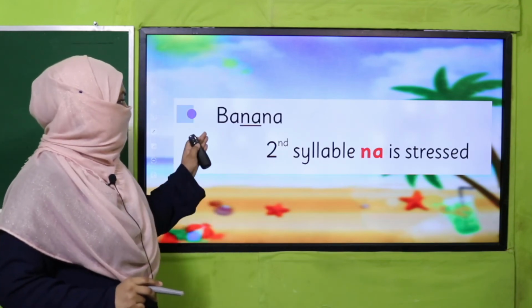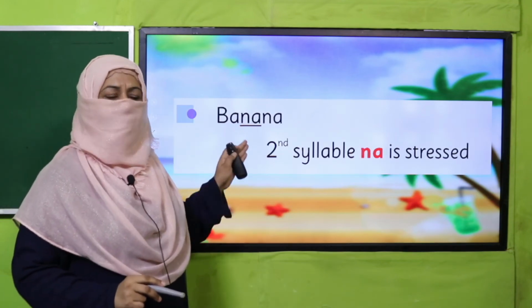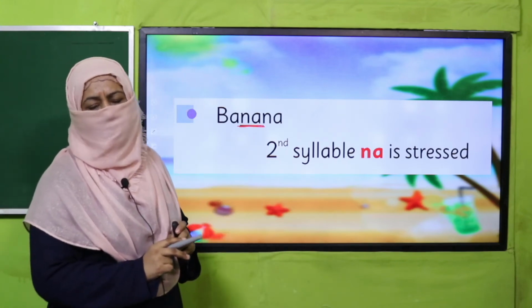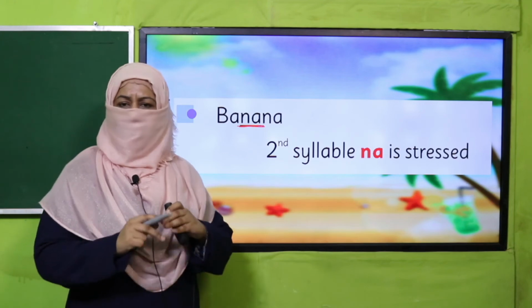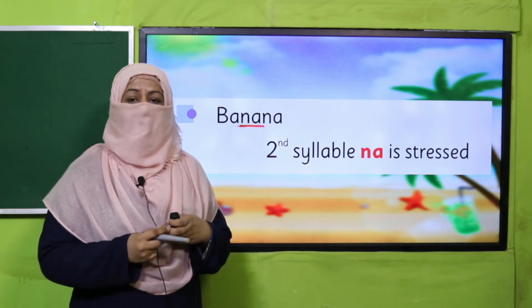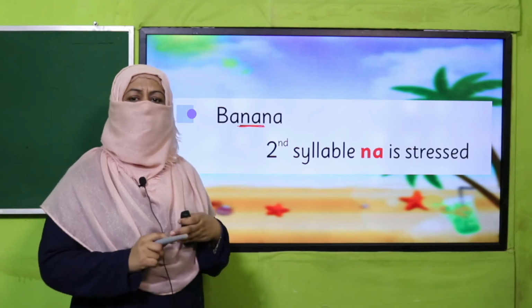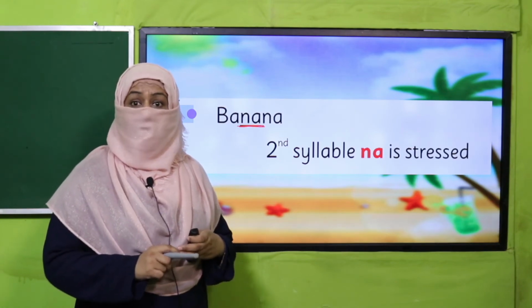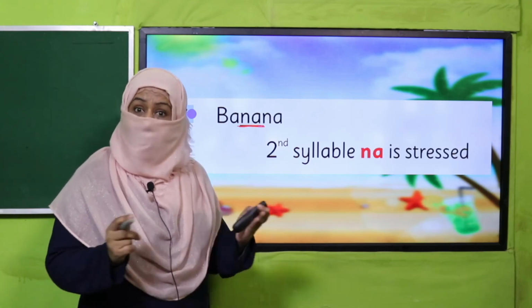And likewise, now this is banana. The part of this word is more stressed. This is for every language. There are different techniques we use, and this stress technique we'll practice more while saying sentences. What? Where are you going?